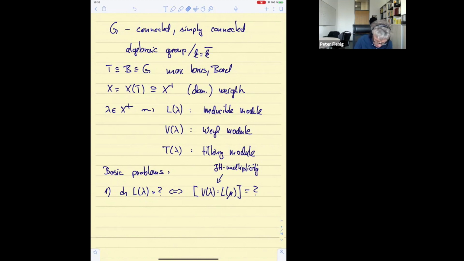Okay, this is a difficult problem, and it's solved for P big enough, and it's wide open for P not big enough, and the precise bound when P is big enough is unknown. So here, for every non-specialist, I should maybe say, fixing the root system, then there's a bound such that these characters are known for all lambda once P is bigger than this bound, depending on the root system.